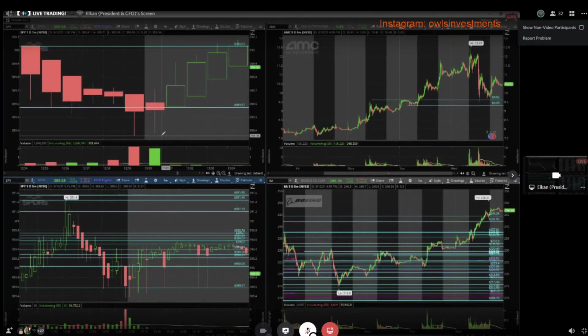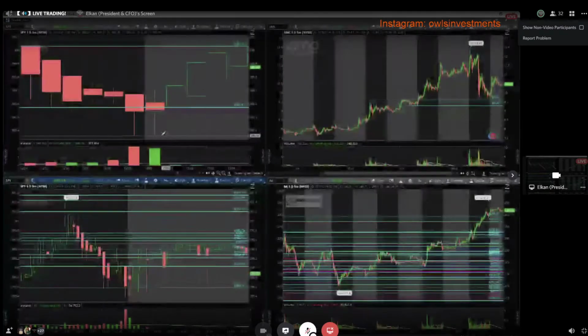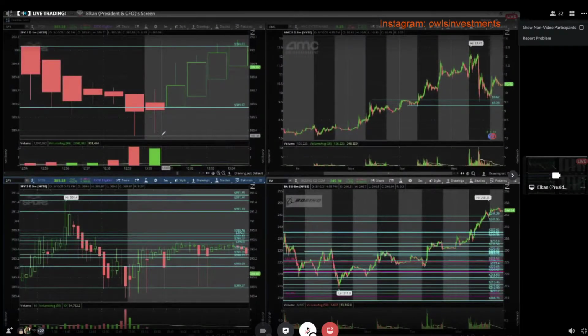And then with the 5 minutes, you have a better overall look. Sometimes the 1 minute can look bad, and you're in a position, but you say, well, with the 5 minute, it still looks good. By looks good, it means that if you're on calls, it's still showing you a lot of buying, and if you're on puts, it's showing you selling pressure.